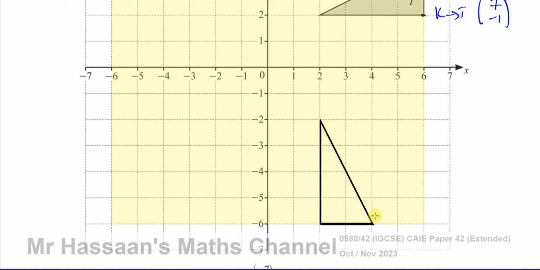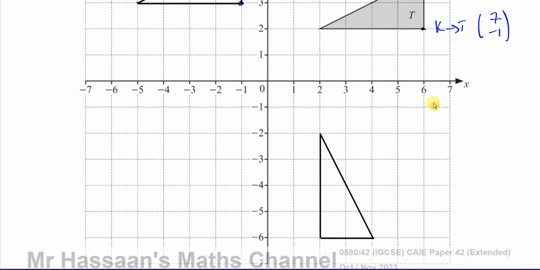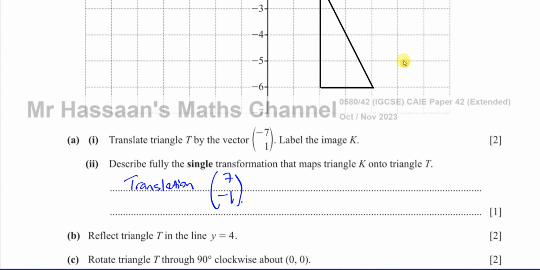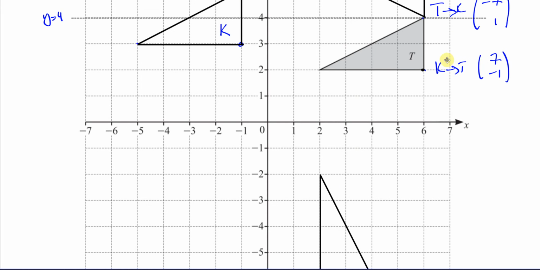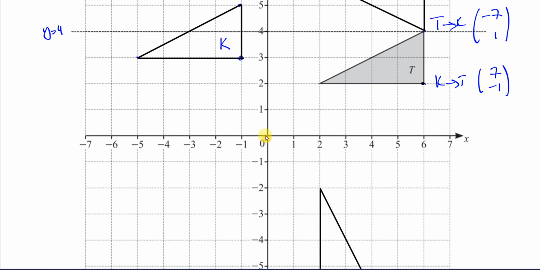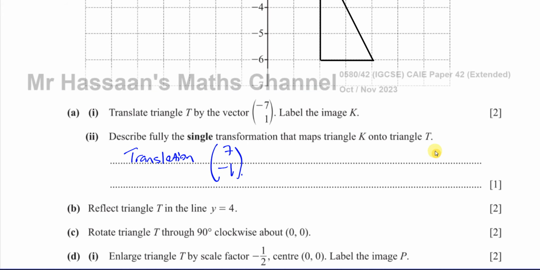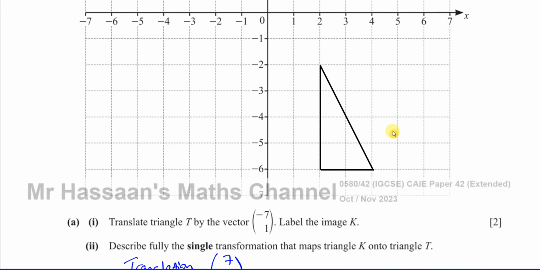So we end up with our rotated image. Does it tell us to label it? No, it doesn't. That is rotation about the origin 90 degrees clockwise. So I'm going to label that as part C.